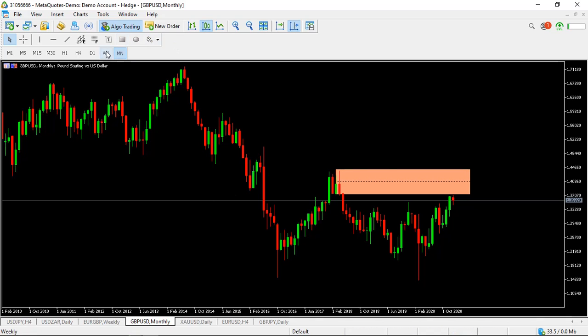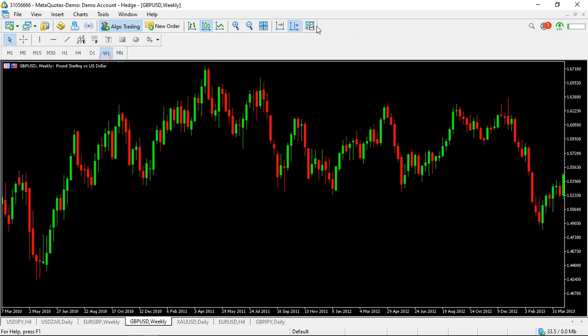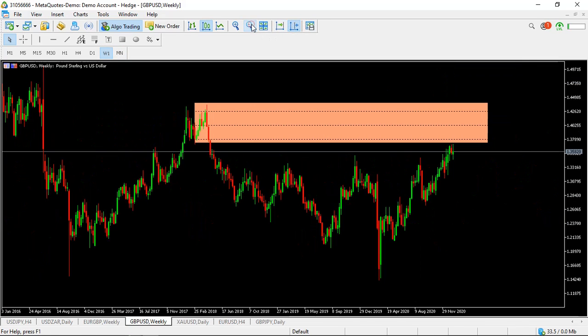So here, monthly level of supply, weekly level of supply.